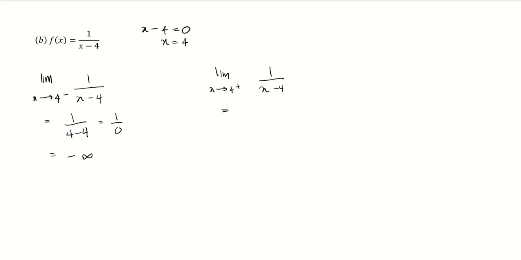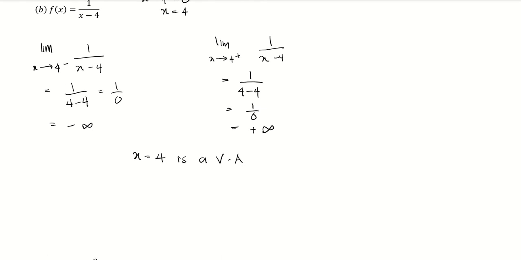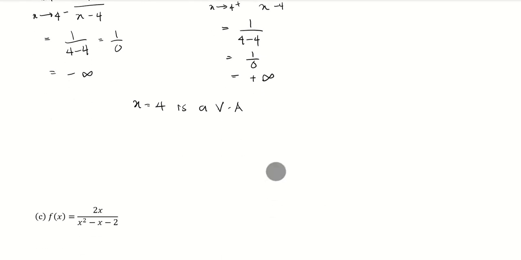For the right-hand limit, substituting directly we get 1 over 0, also infinity, or to be exact, positive infinity. So from the left we get infinity, from the right also infinity. That means x equals 4 is a vertical asymptote. Alright, so that's how we find a vertical asymptote.